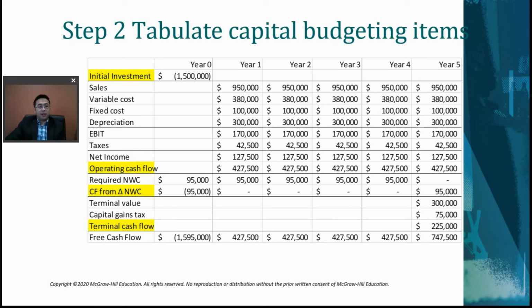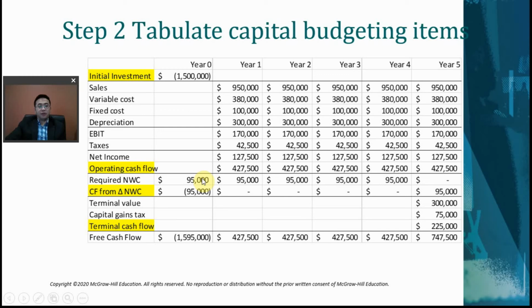The third component is change of net working capital. The definition of it should be the cash flow effect from change of net working capital. If you look at your net working capital here, it is 95,000. It is 10% of the sales in the next year. You always maintain the inventory at $95,000 until the end of the 5th year.